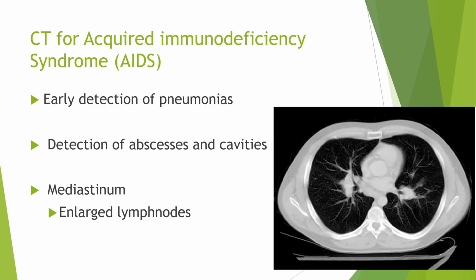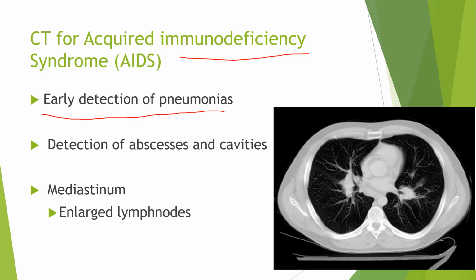What about a CT scan in acquired immunodeficiency syndrome? So remember, with these patients, they have immunodeficiency issues. So these are more prone to PJPs, right? The pneumocystis jirovecii pneumonias. So we can detect these pneumonias earlier.